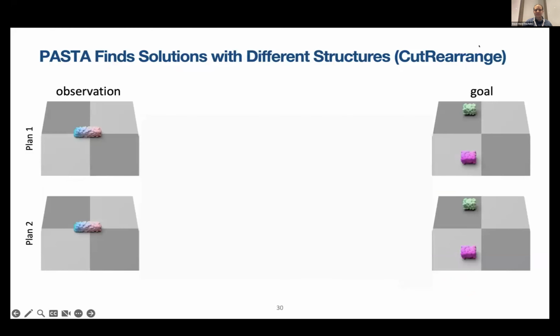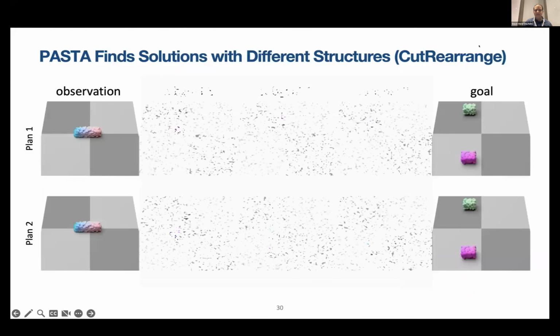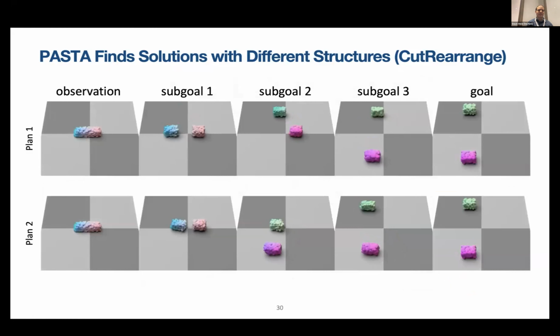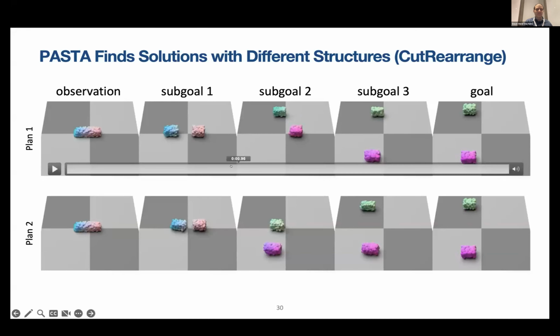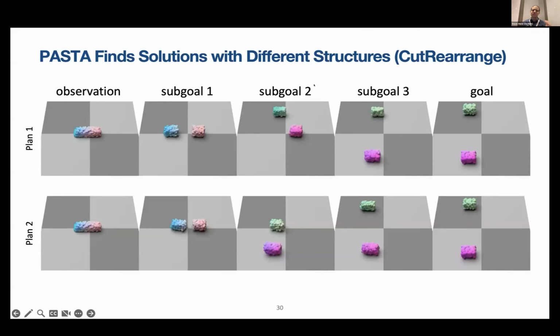We have an observation and a goal, and here are 2 different plans that we can form where we're optimizing over the different subgoals to reach from the observation to the goal. You can see that they both start with basically a cut action, but then they rearrange the pieces of dough in different orders to reach the goal configuration.